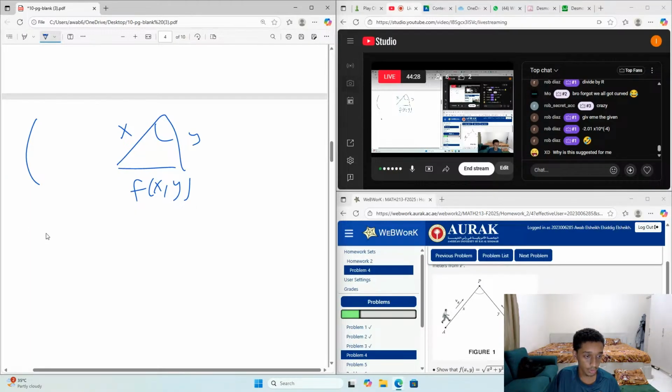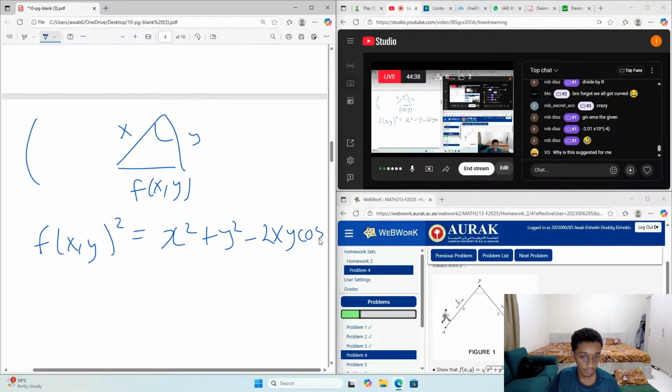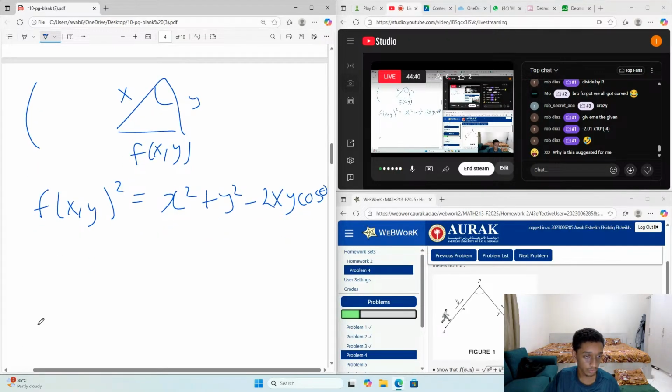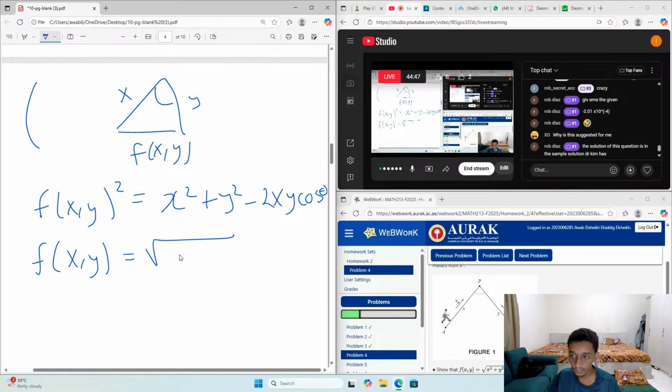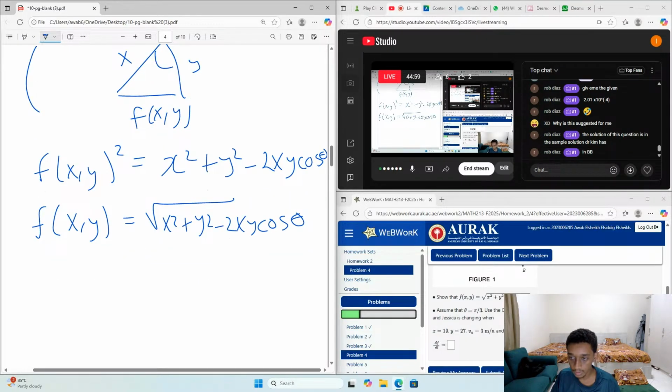So we know that f(x,y) squared is just x squared plus y squared minus 2xy cosine theta. So taking the square root on both sides, we get the square root of x squared plus y squared minus 2xy cosine theta. Okay, so we did the proof part.